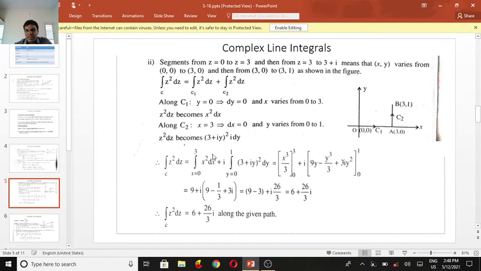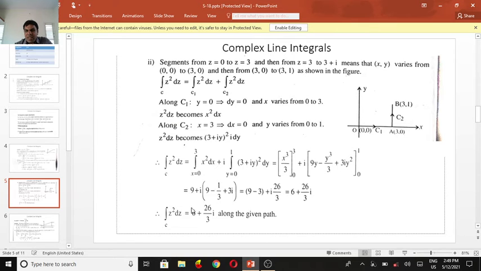Directly integrating with respect to x, we get x cube by 3. Then i times, first I open this (3 plus iy) whole square, giving 9 plus y square plus 6iy. Integrating simply, we get 9y minus y cube by 3 plus 3i y square, running from 0 to 1.